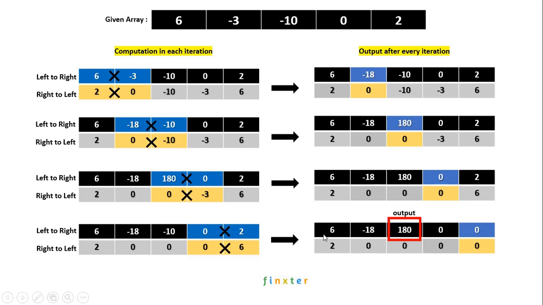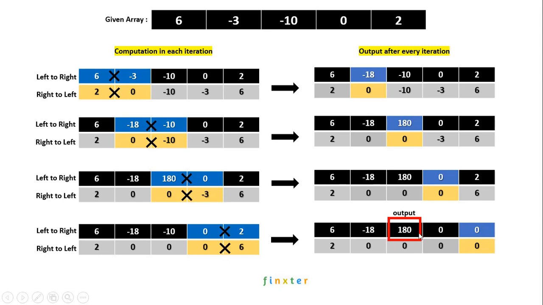So as you can see, in the first array, the products are 6, -18, 180, 0 and 0, while the products in the second array are 2, 0, 0, 0, and 0. Now, among all these products, we find out the maximum value. So that is 180. Hence, you simply return 180 as an output.